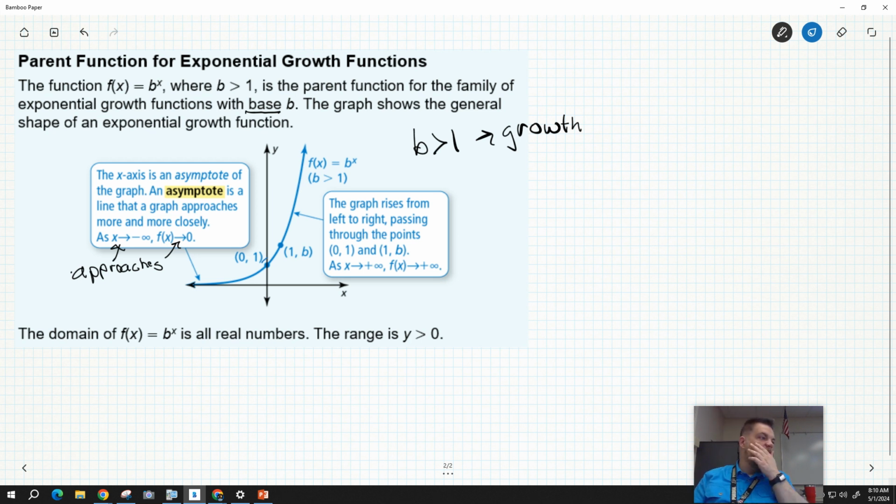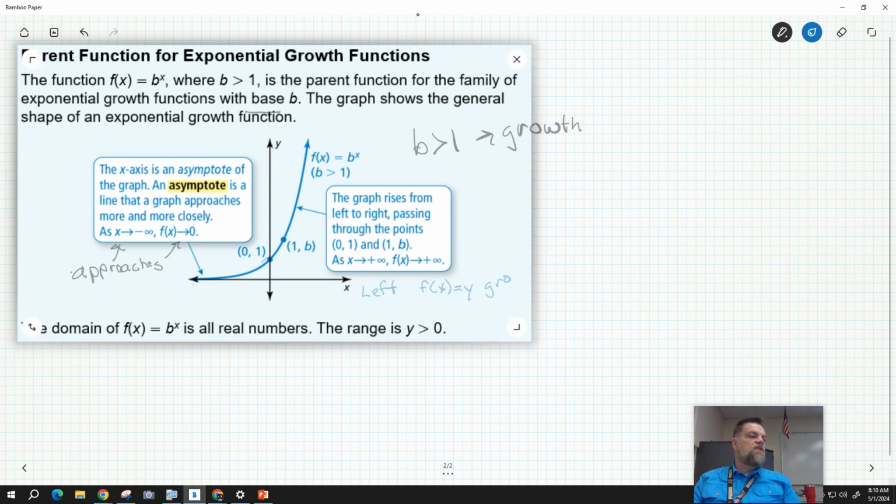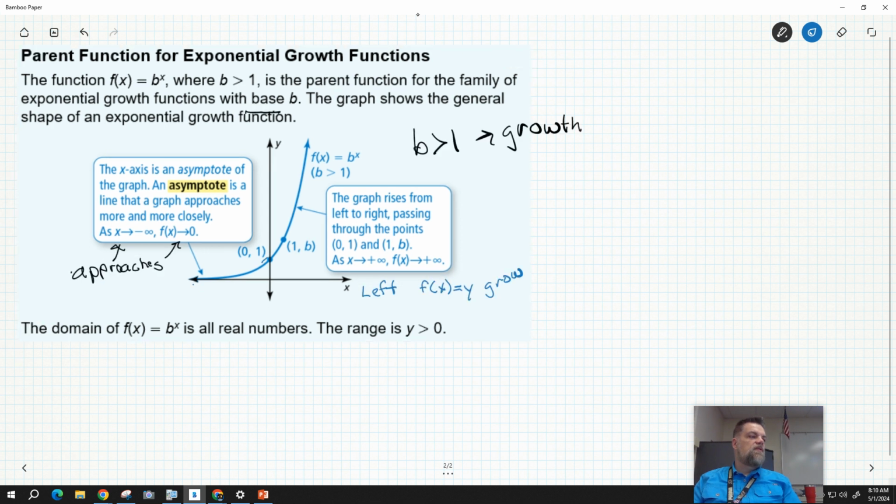It approaches 0. But then, as x approaches positive infinity, in other words, as I go to the left, f of x, and remember we said the f of x is really like y, right? Grows. And it'll grow towards positive infinity.